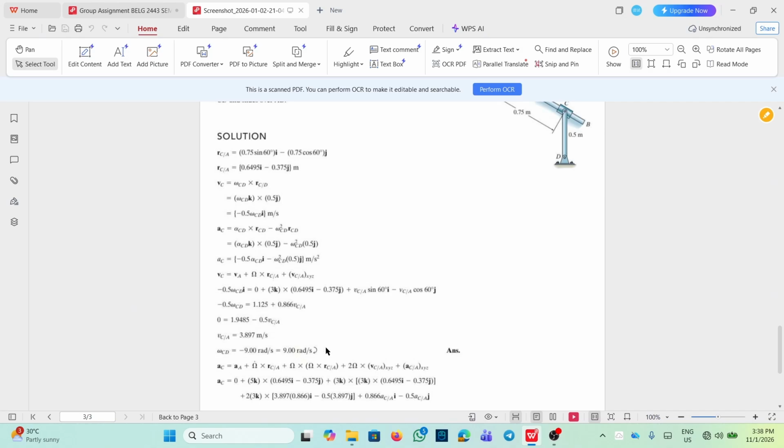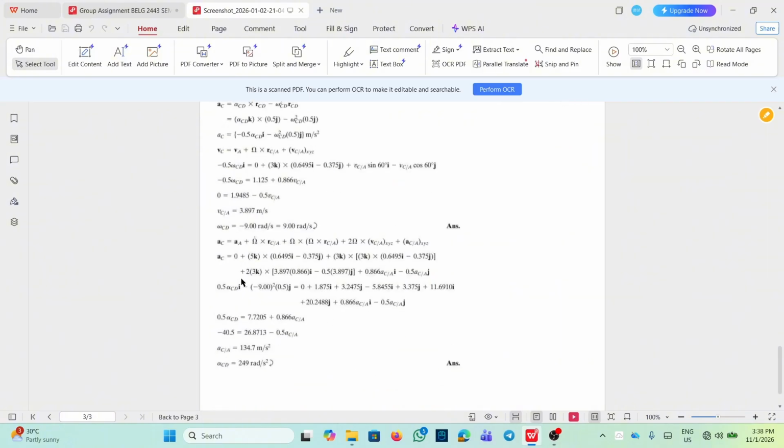Next, we move on to the acceleration analysis. From rigid body kinematics, the acceleration of point C is given by AC equals AA plus alpha times RCA plus omega times omega times RCA plus 2 omega times VCA xyz plus ACA xyz.